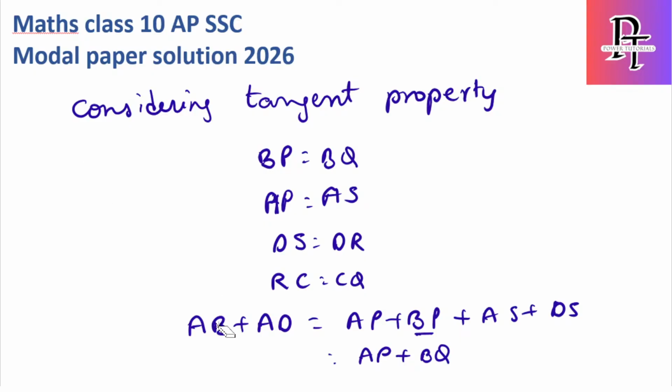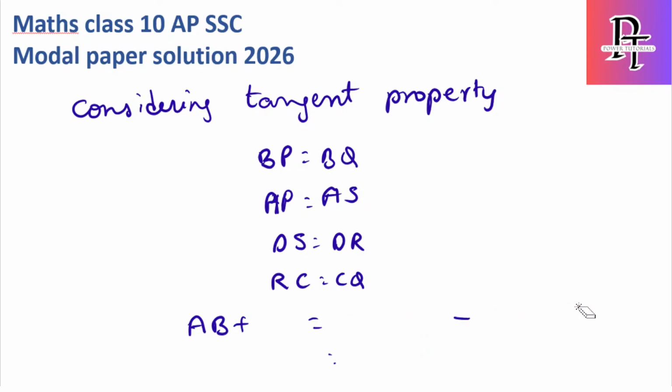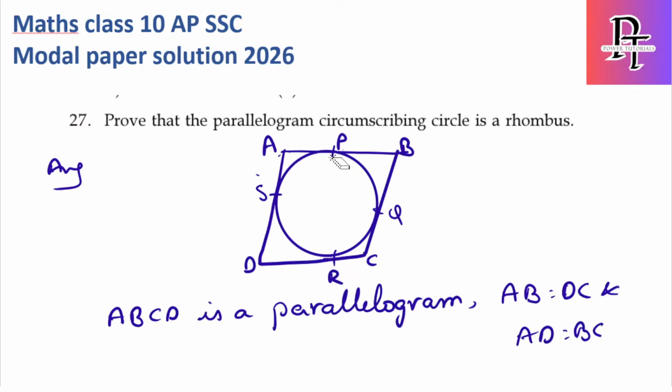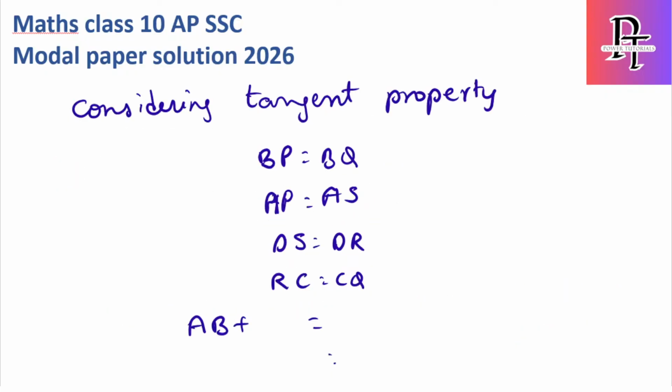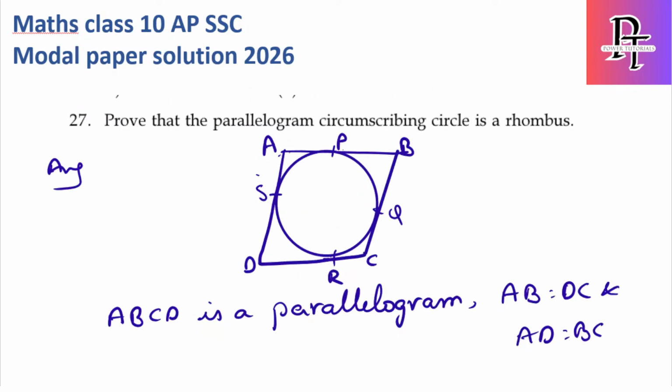Small correction, it's not AB plus AD. Take the addition of two opposite sides, not adjacent sides. So let's take the addition of AB plus DC. AB is AP plus BP.